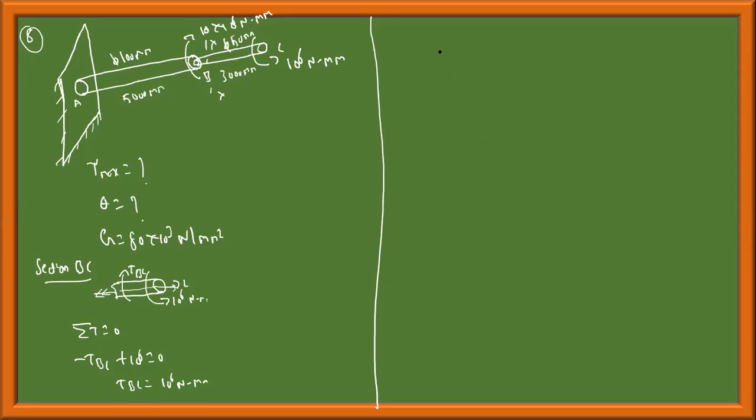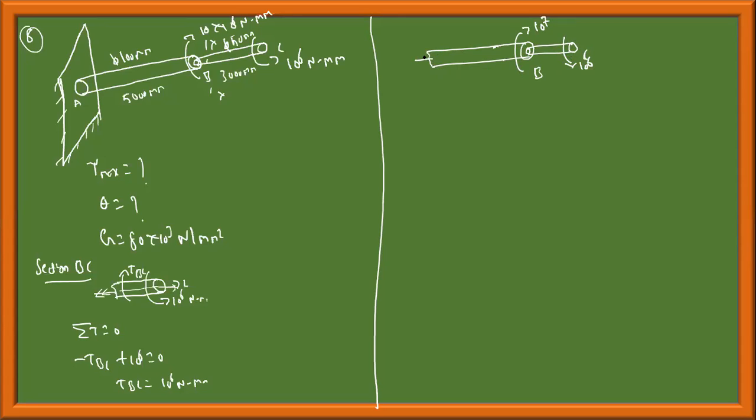Let us go to section AB. This is 10 into 10 power 6. Shall I write 10 power 7? This is 10 power 6, and this is section BC.